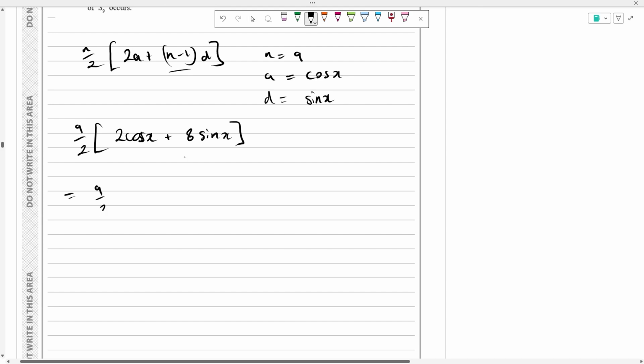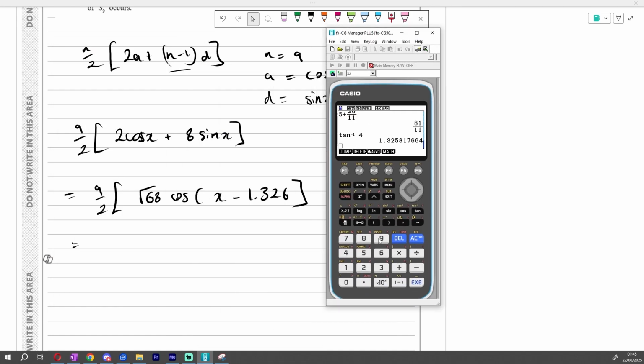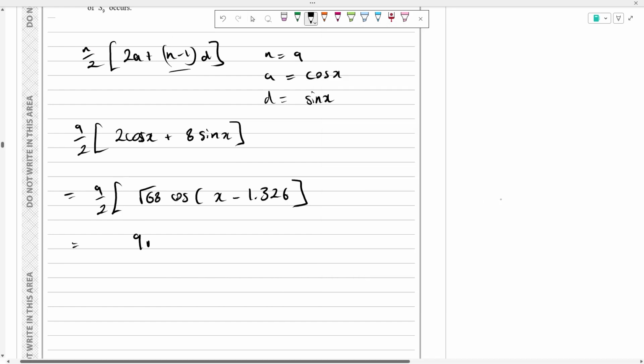So I end up with 9/2 times root 68 cos of theta, or in this case x, we should be using 1.326. And if I expand this out, what is 9/2 times root 68? That gives us 9√17.